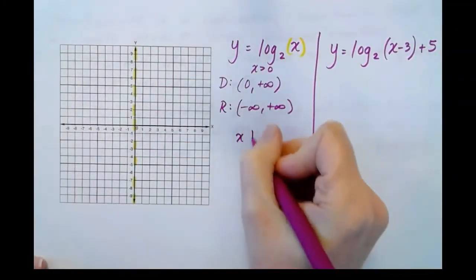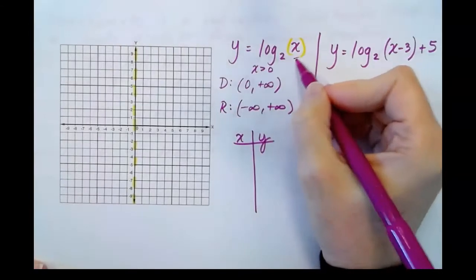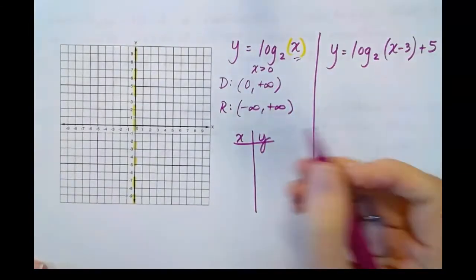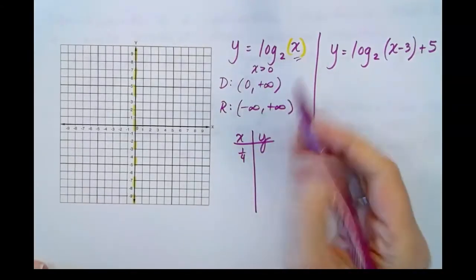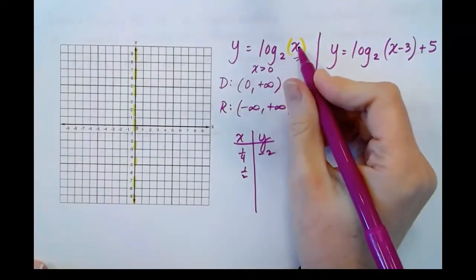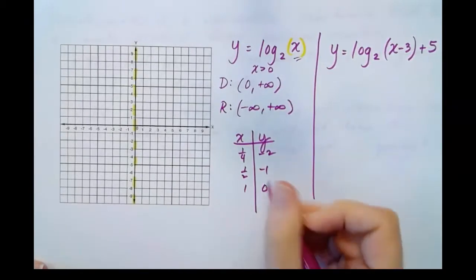And once again, if you feel good about making yourself a little XY chart, do it. Just do it quickly. Remember, we pretty much only want to plug in powers of 2 here. Those are going to be the easiest things to graph. So 1/4, 2 to what power is 1/4? -2. 1/2. 2 to what power is 1/2? -1. Plug in the 1, 0.